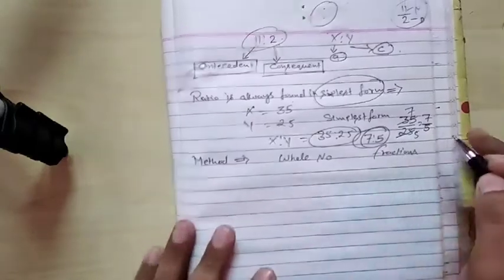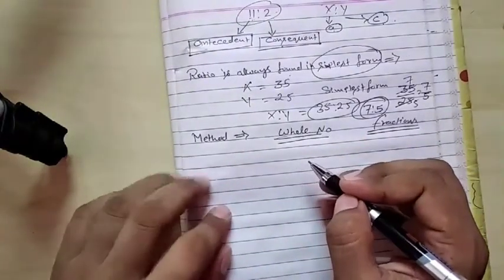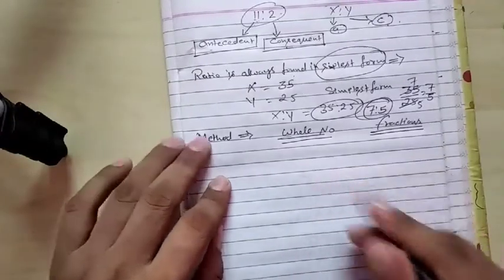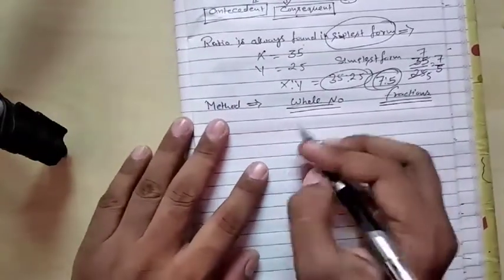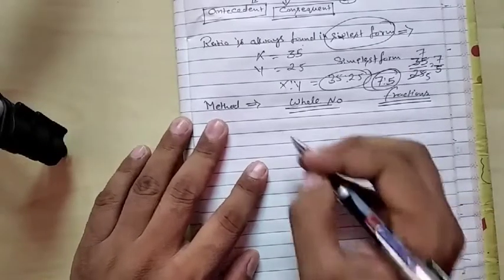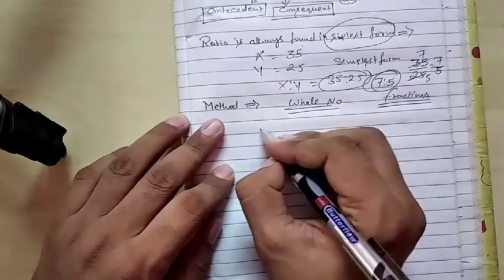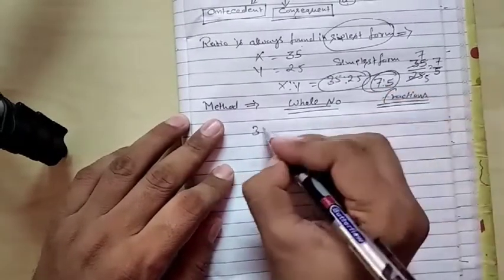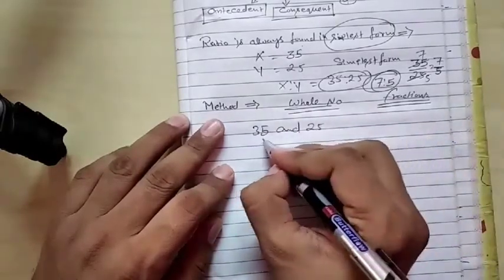Got it? Now the method to find the ratio. There are two methods to find the ratio, but I will tell you only one method. Okay, and this will be useful in all the questions. It is the LCM method. Suppose two numbers are given here, like I am taking the same example, 35 and 25.